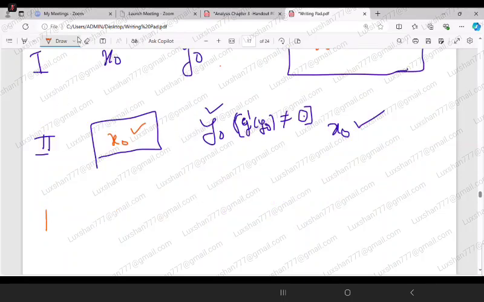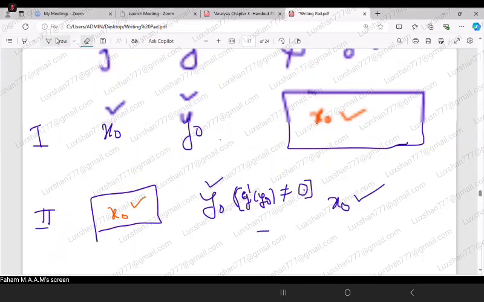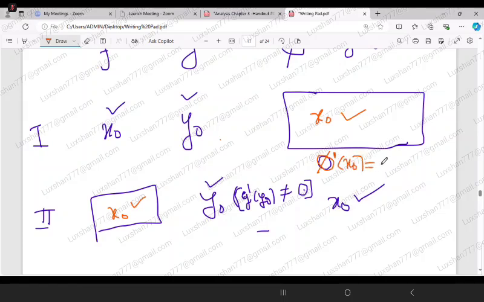Third situation we are going to talk about is, we are going to consider the first two functions. f is differentiable at x naught. And what is the differentiability of this one? Okay, I forgot to write this one. So phi dash x naught will be equal to g dash y naught into f dash x naught.